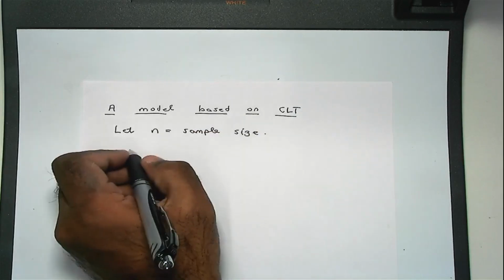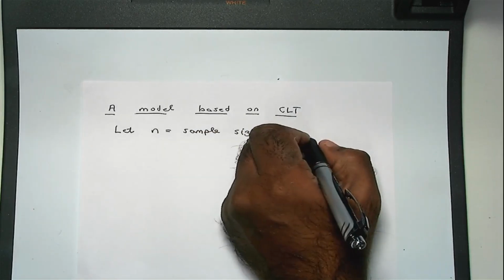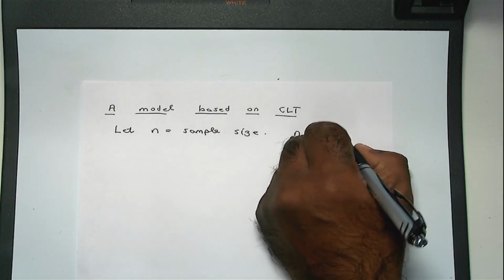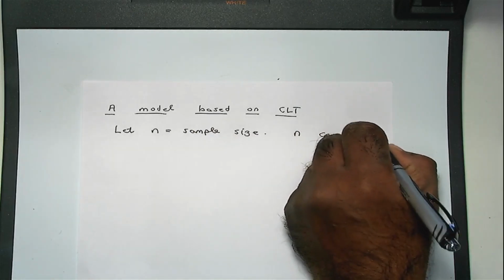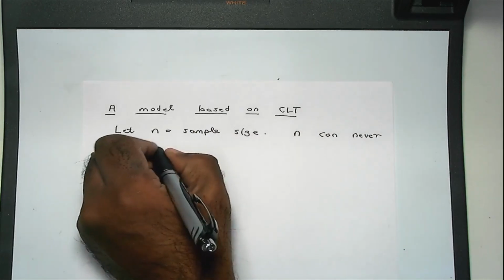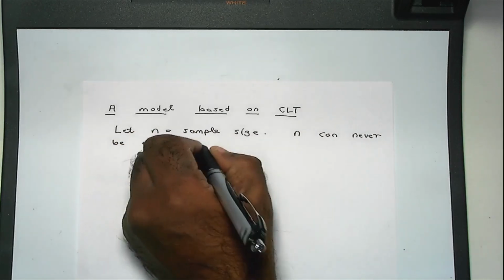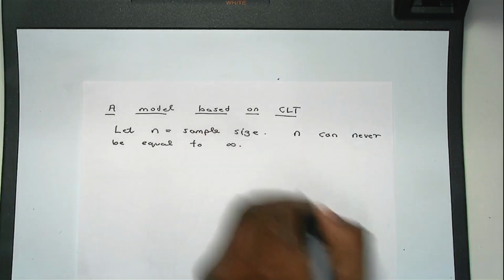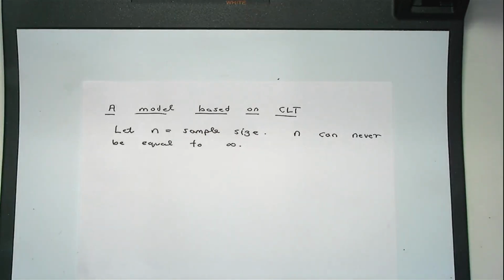N can never be infinity. All the data sets that we have in real life are finite data sets. They can never be equal to infinity.